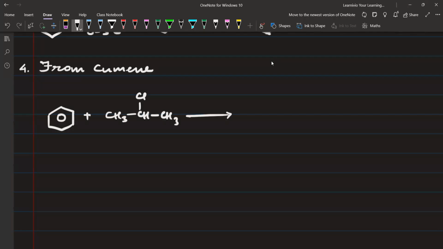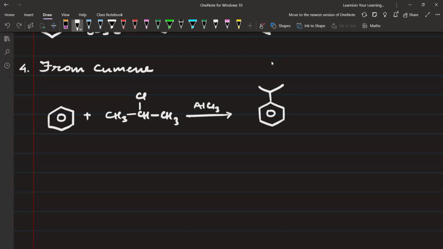You react this with AlCl3. Then you get, this is the Friedel-Crafts alkylation reaction. So instead of Cl, the whole alkyl group will get benzene ring. So benzene ring, उसके बाद यहाँ पे CH3 and CH3, CH, है ना? Hope you understand this. This is isopropyl benzene.